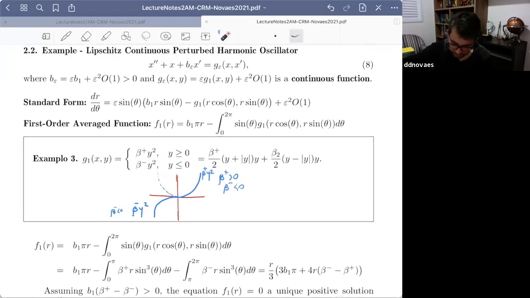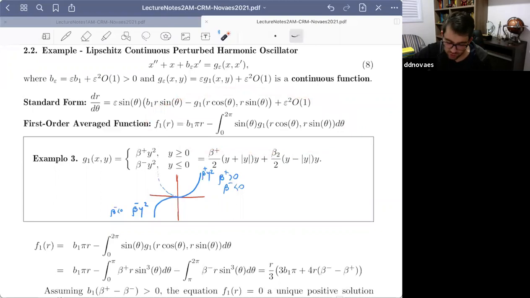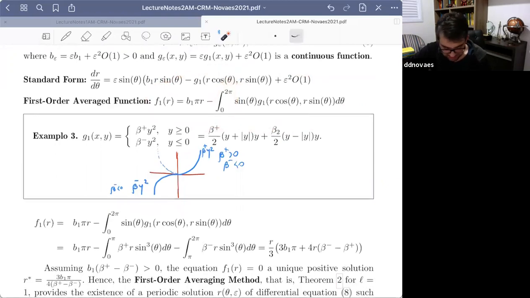For computing this first order average method, of course, we have to split this integral into integrals. It is the usual thing: I have to integrate for the theta where this is positive, and then for the theta where this is negative, just in order to change beta.